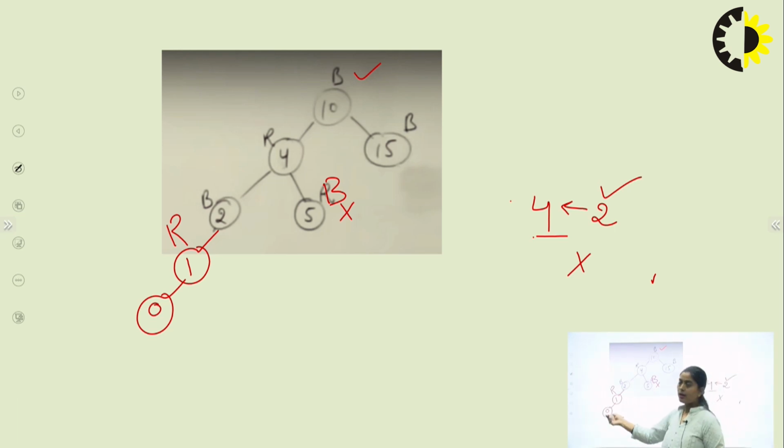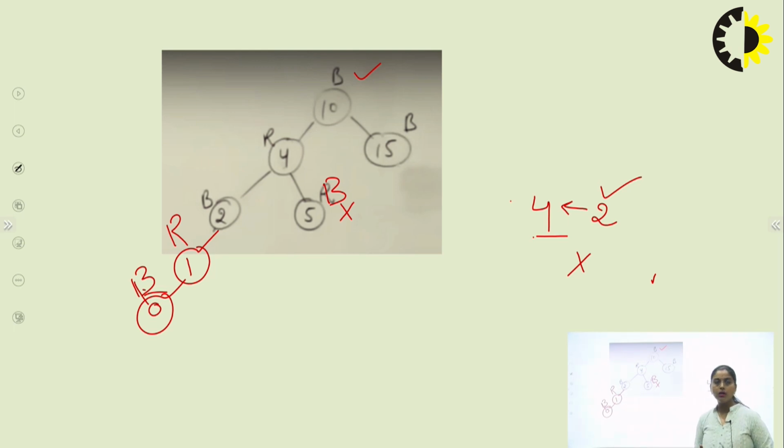And if this is black, then obviously the black height property, that the black height should be equal in every path, is destroyed. If it is red, then we have a red child and a red parent, which is again not acceptable.